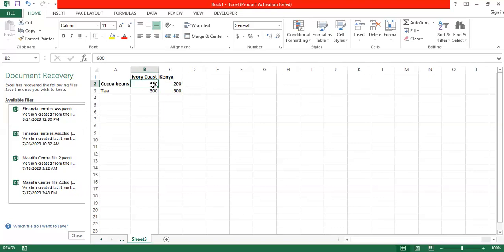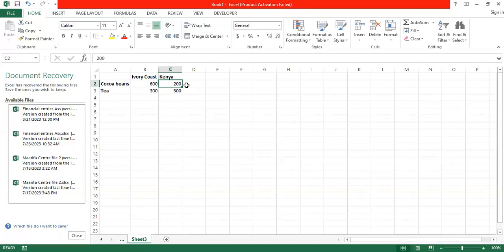Okay, so Ivory Coast has an absolute advantage with cocoa beans in comparison to Kenya, because they can produce 600 tons of cocoa beans per hour, and Kenya can only produce 200 tons per hour.